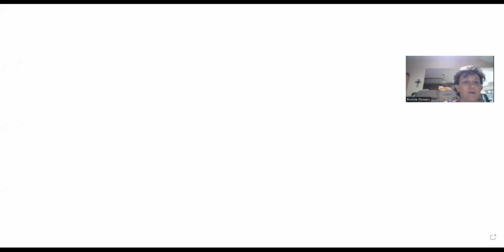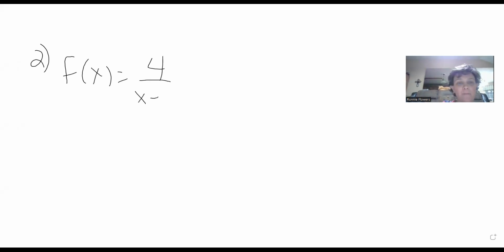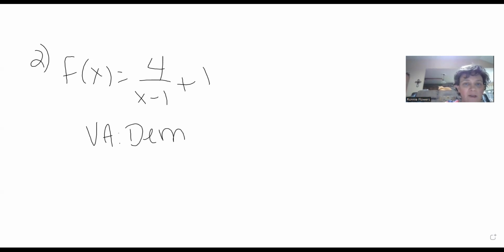So what you have here is number 2, it says f of x equals 4 over x minus 1, plus 1. Okay, it asks what are the vertical asymptote, horizontal asymptote, domain, and range. Okay. The vertical asymptotes you get from the denominator equal to 0.